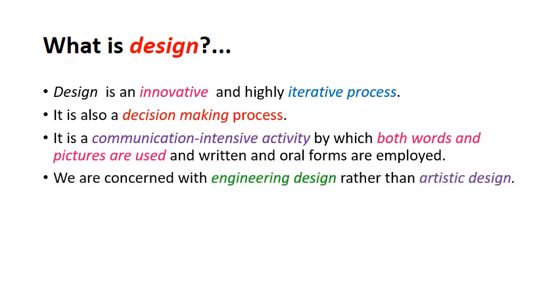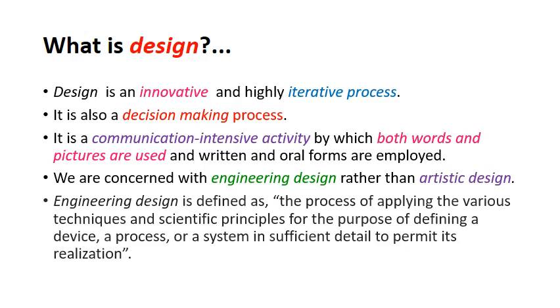And we are mostly concerned with engineering design rather than artistic design, because our focus is on learning engineering, right? So what exactly is engineering design? It's all about designing a system where you apply various principles and techniques in defining or creating a new device, process, or system which are sufficient to permit its realization.